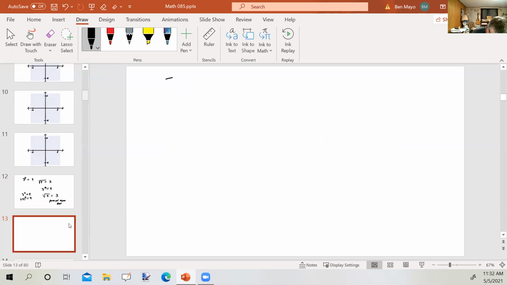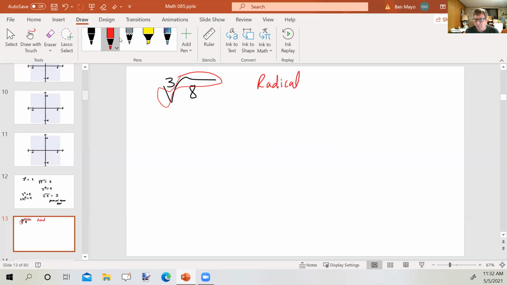Let's look at the cube root of 8. So this symbol right there is called a radical. It is a grouping symbol, and it groups together the quantity inside, which is called the radicand.